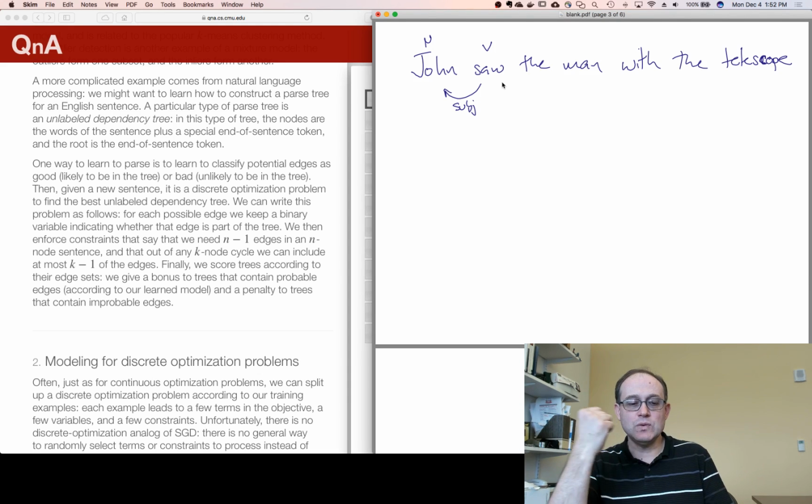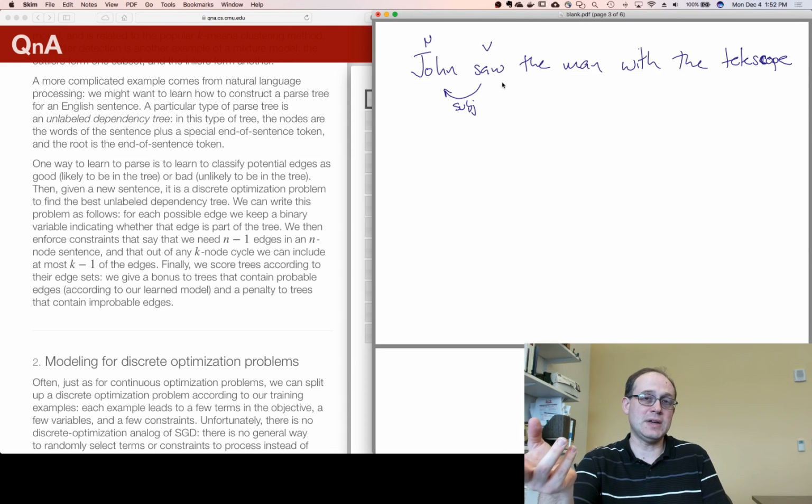And then you would include constraints that say that it's a tree. And so one way to include that constraint is to say, well, there have to be exactly n-1 edges total to make a tree over an n-word sentence. And there are no cycles. So any set of edges of which there are n-1 and no cycles forms a tree. And so for the cycles, there would actually be exponentially many constraints.